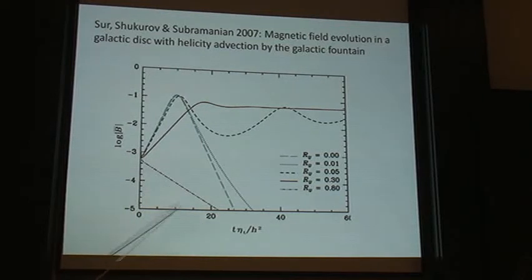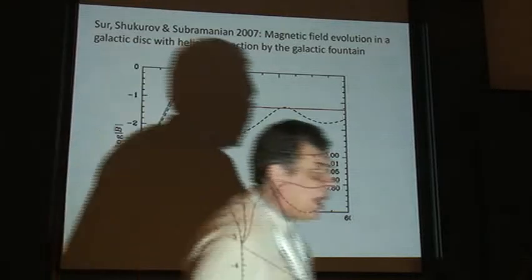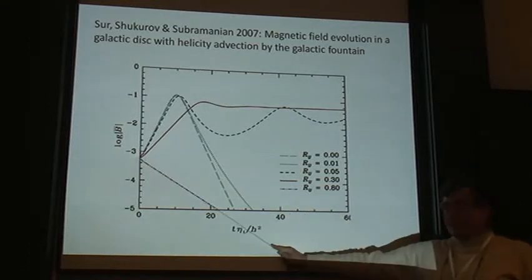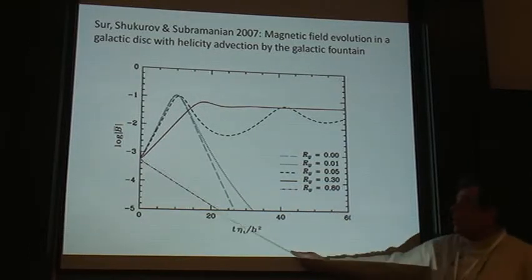If the outflow is too strong, so that the time scale of the outflow becomes roughly shorter than the dynamo time scale, of course this outflow just destroys the dynamo, and you get unpleasant results, exponential decay.